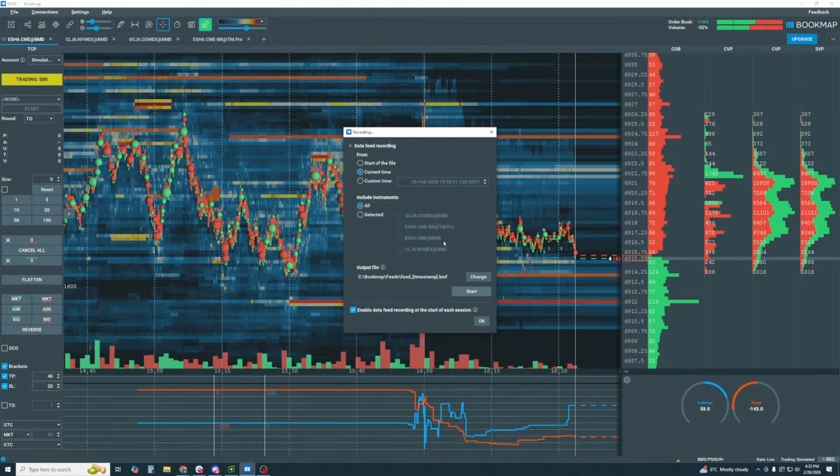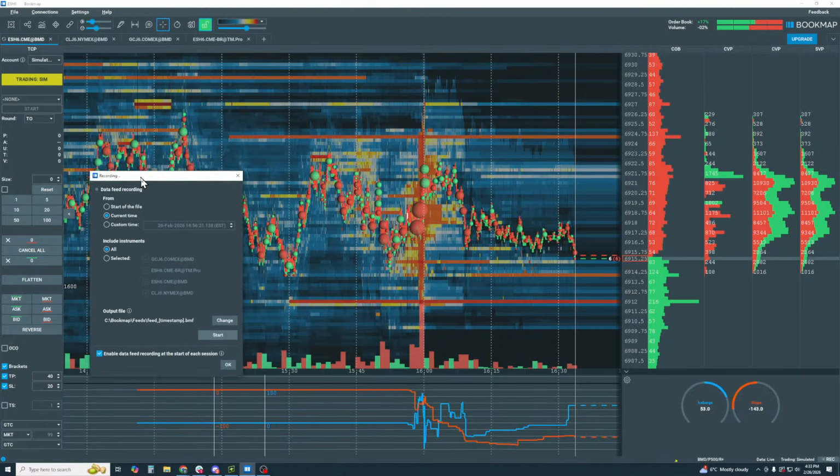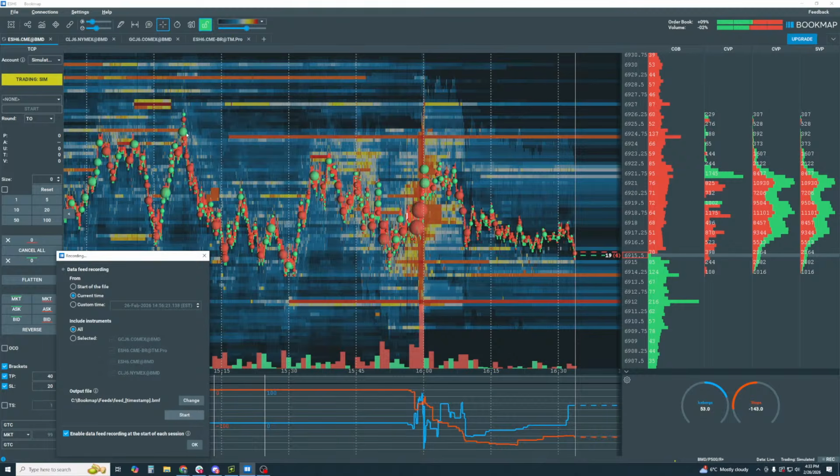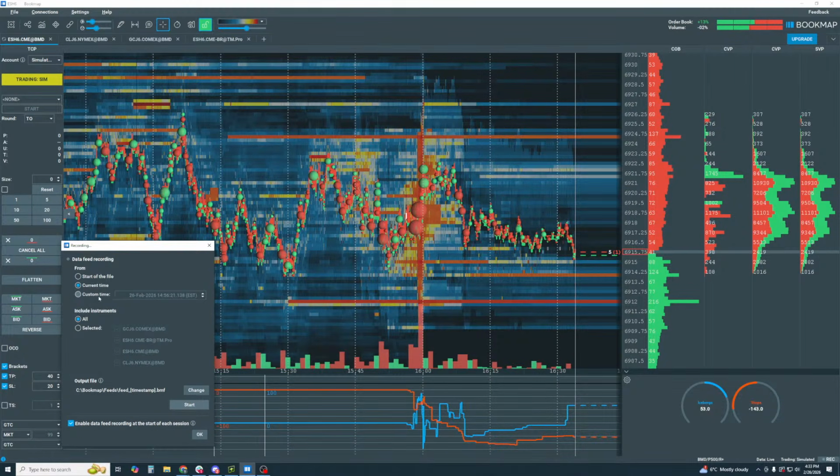Yeah, okay, we're going to stop it, and then take wherever you want. Like if this was the little setup in here and you're looking for this move, let's say a little trend line break accumulation right in here, then you can come in here and add in custom time.